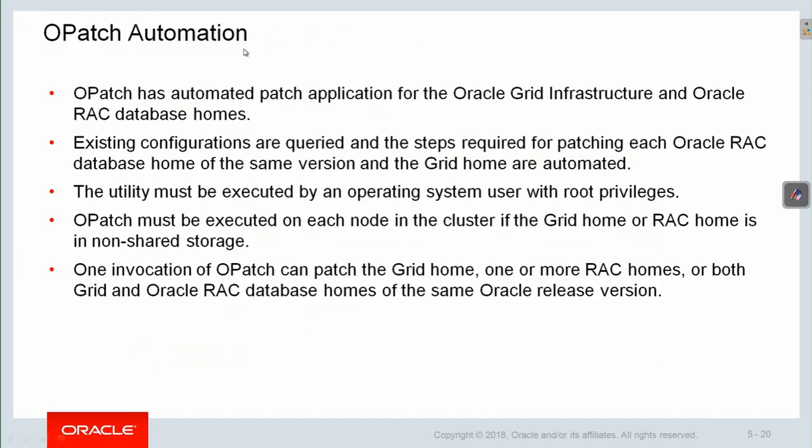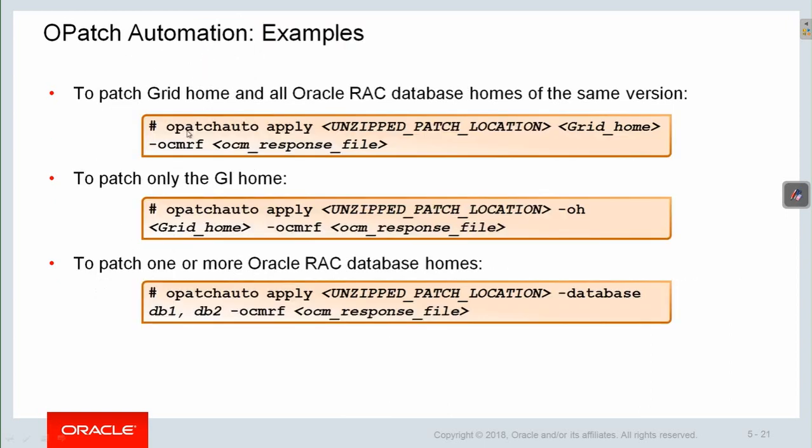And if you want to automate the patch process, for example applying a patch to grid infrastructure and multiple RAC database homes, and you want to automate many of the steps, then you can use the OPatch automation option as well. This is an example: we use opatchauto apply.